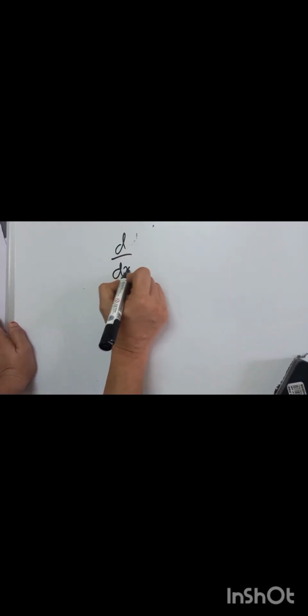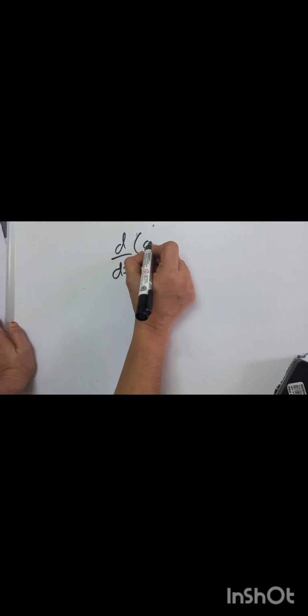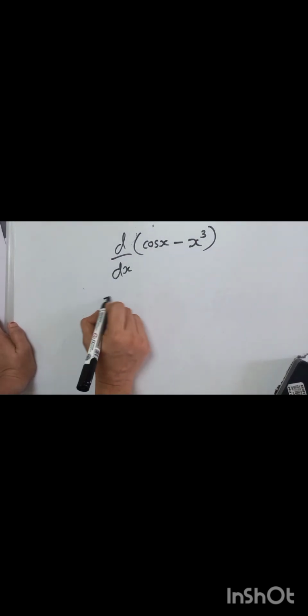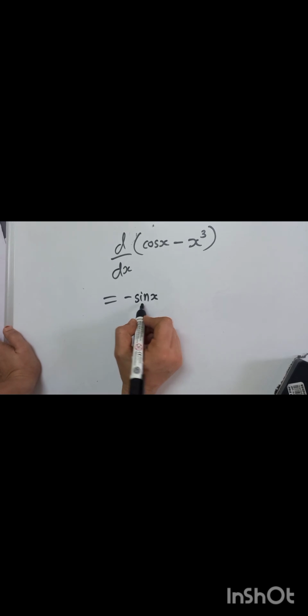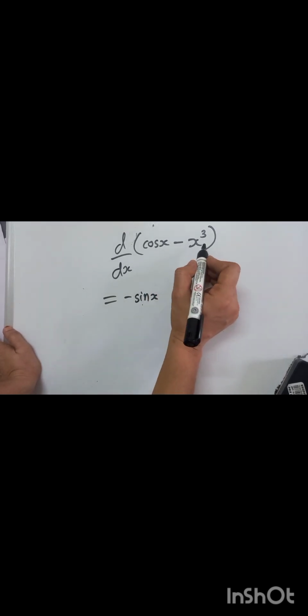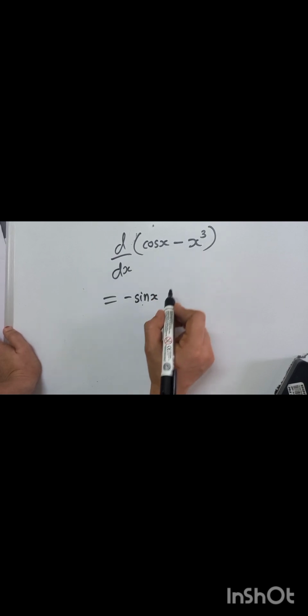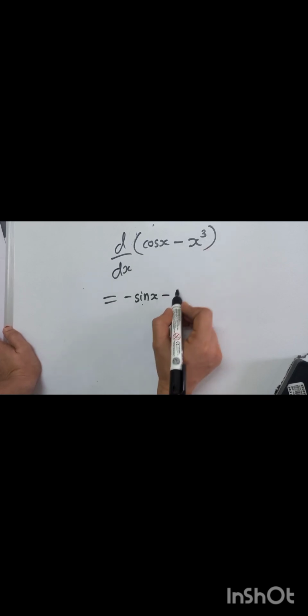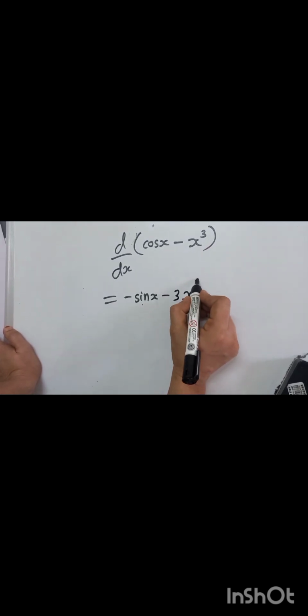Now the derivative of cos x minus x cube. The derivative of cos x is minus sin x, and for the derivative of x to the power 3 you can apply the power rule. Before that you have to put the sign here, it is minus, and applying the power rule it will be 3x to the power 3 minus 1, which is 3x to the power 2.